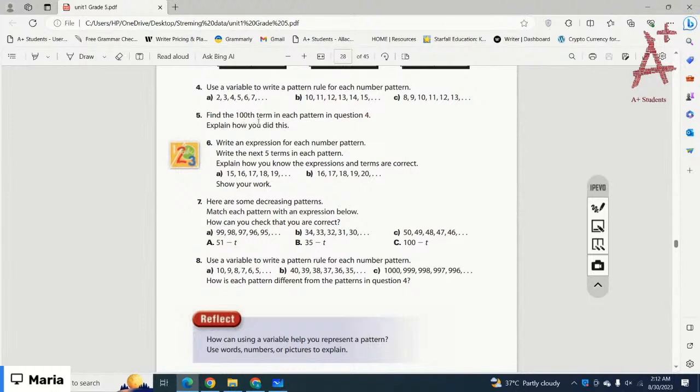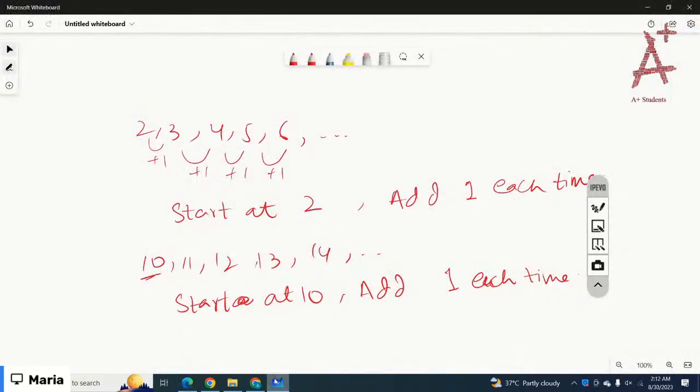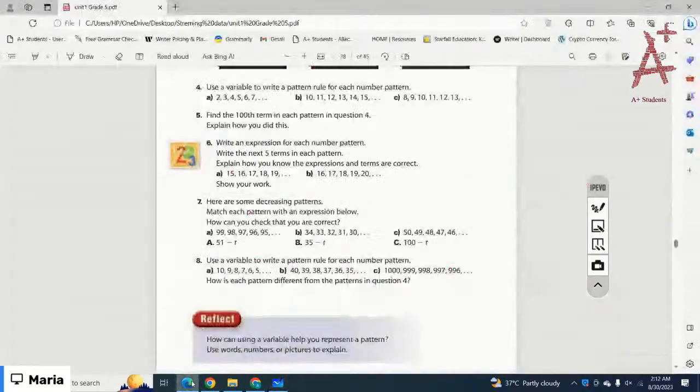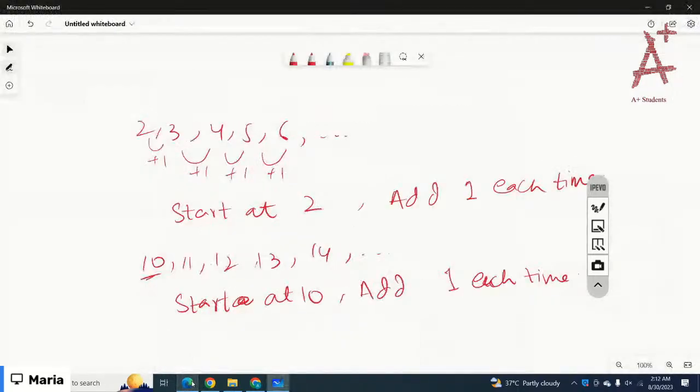Okay, find the hundredth term in each pattern in question number 4. If you have to calculate the 100th term, right? You're going to start with 2. The first term is 2.